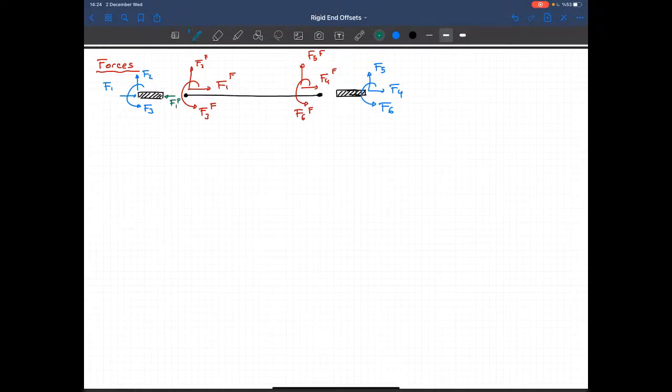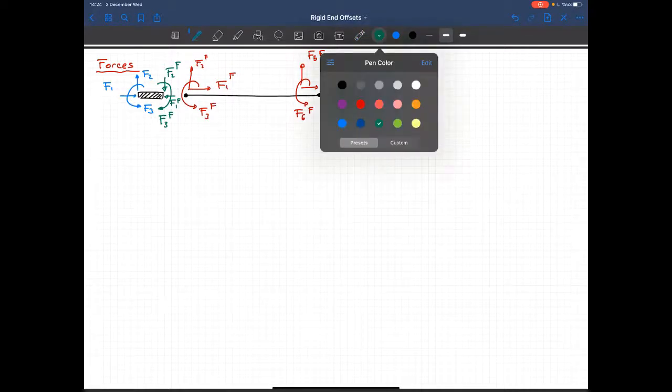That's F1F, F2F, and the moment it should be in the opposite direction, F3F, F4F, F5F, and moment F6F. Okay.